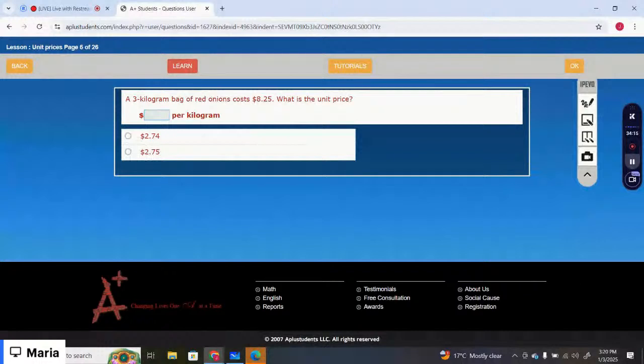A 3 kilogram bag of red onion cost $8.25. So what is the unit price? Which is the correct option? 8.25 divided by 3, that is $2.75.